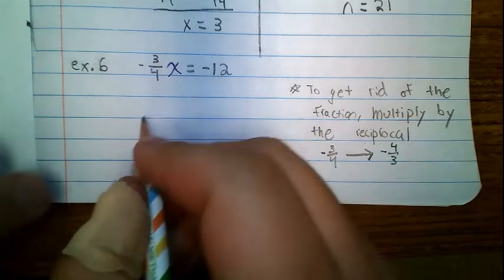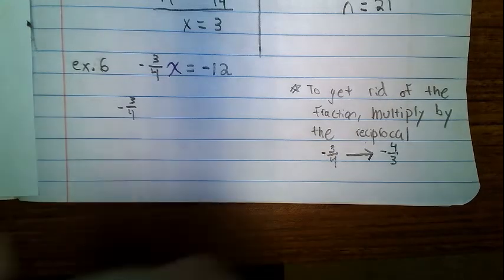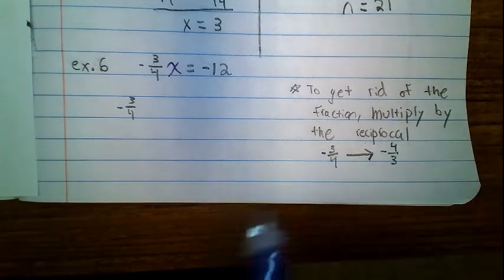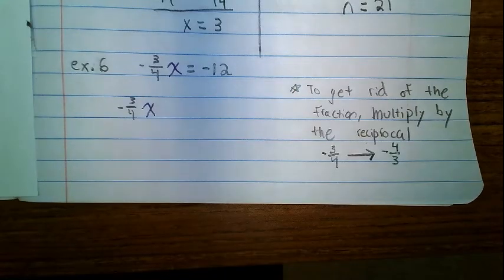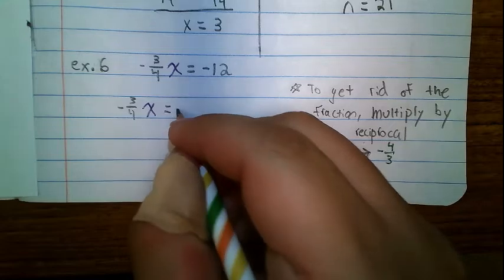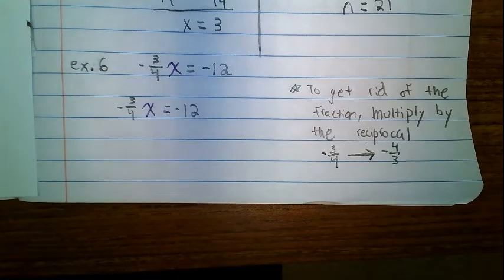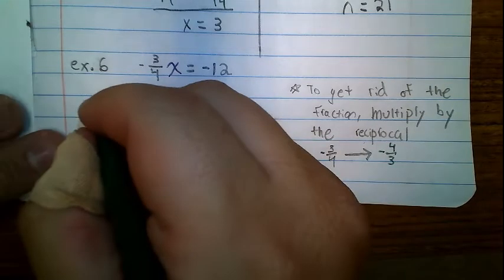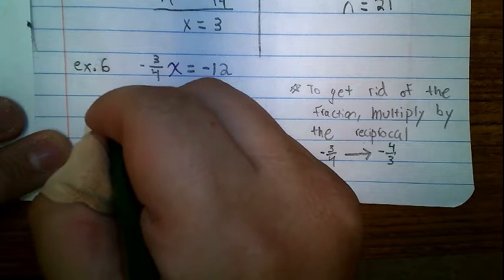So we've got this equation, negative 3/4 x. I'm going to keep x in purple, equals negative 12. And I'm going to multiply both sides by the reciprocal. So that's negative 4/3.